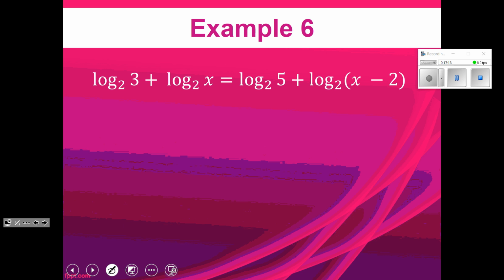So using what we've already learned, tell me, could I somehow put that together? If it's being added, who can tell me how I can put it together? It'd be multiplied, right? We're just condensing it, okay, using what we did the other day.